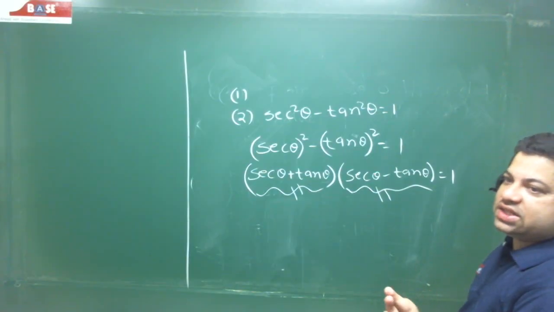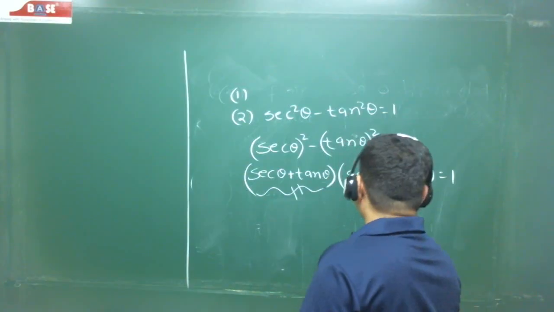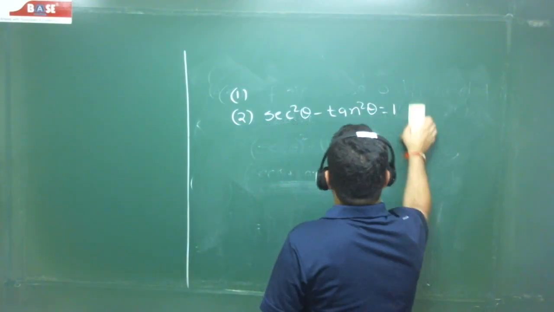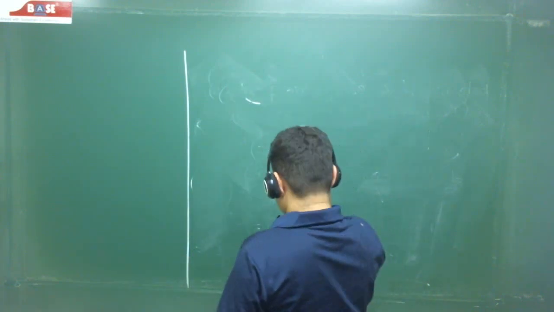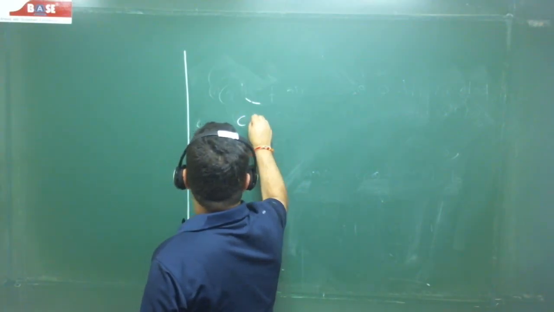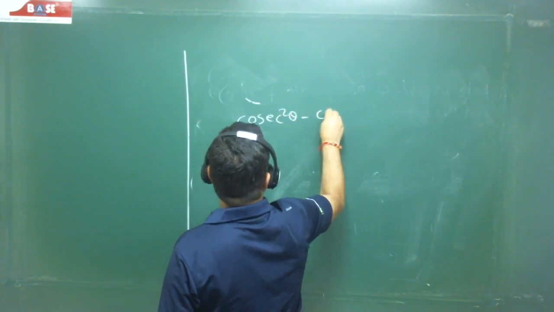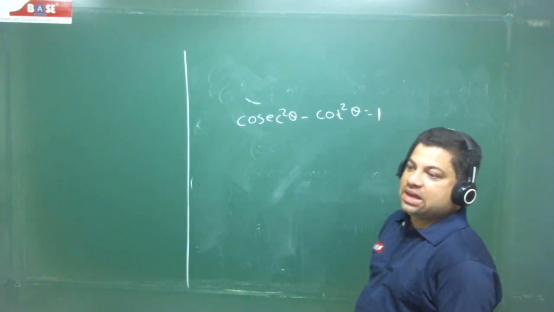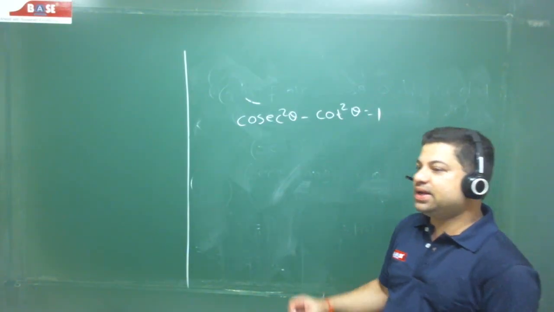So same concept we can apply for the cosecant part. Now see. So cosecant square theta minus cot square theta is equal to 1. Again same logic we are going to apply here also.